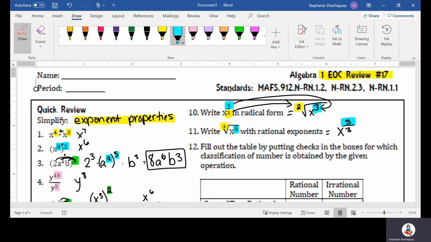That 5 that was underneath the radical is now going to be my numerator. And that 3 that was my root is my denominator. Your denominator is always your root. Your numerator is the exponent of the variable.